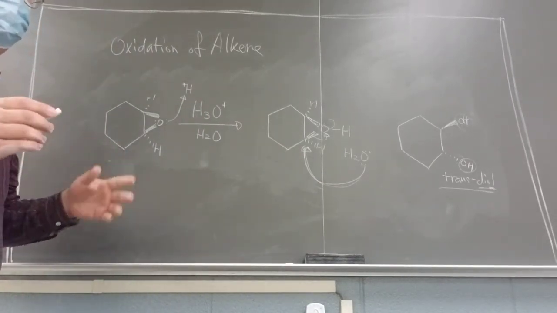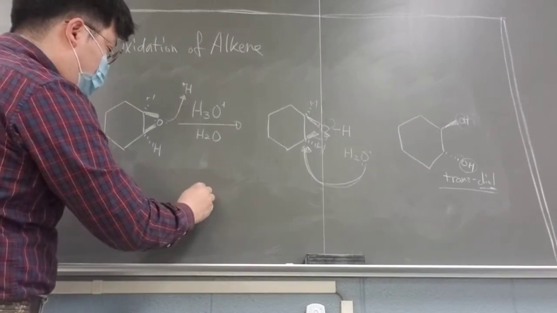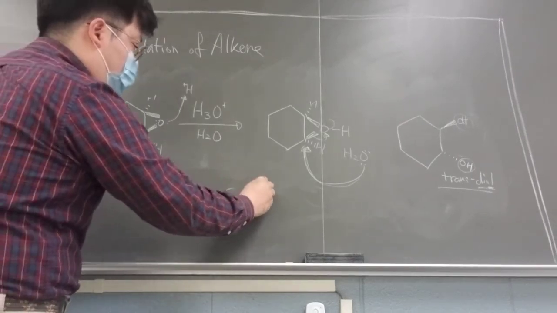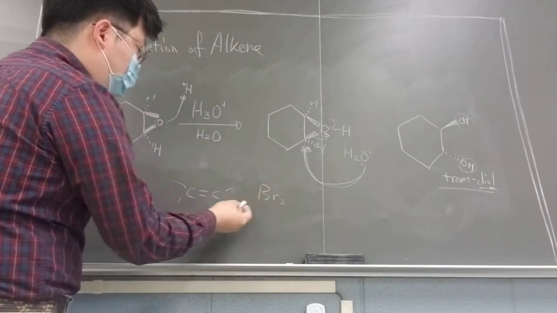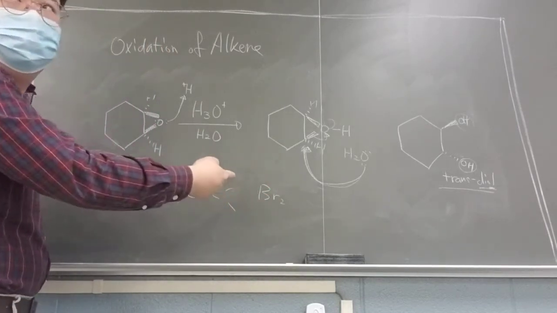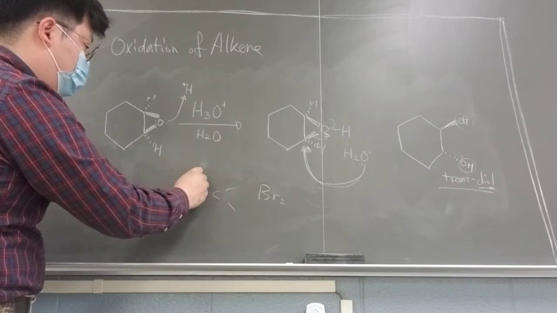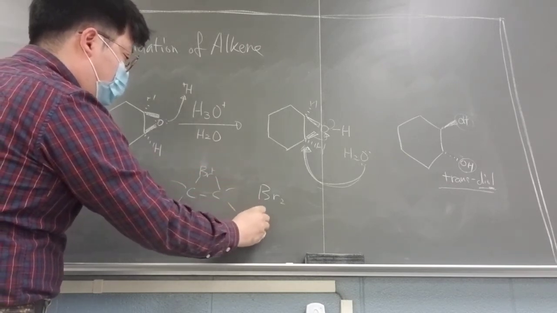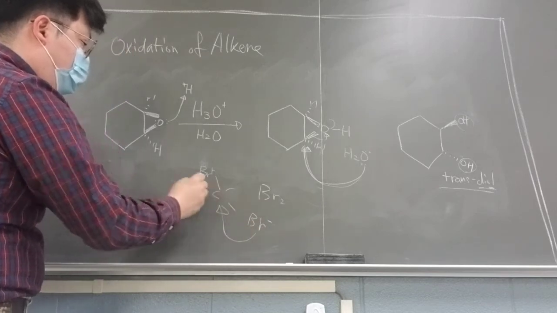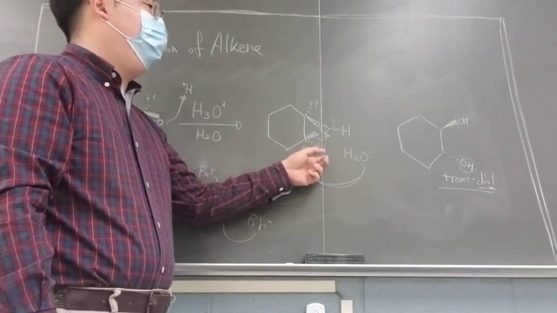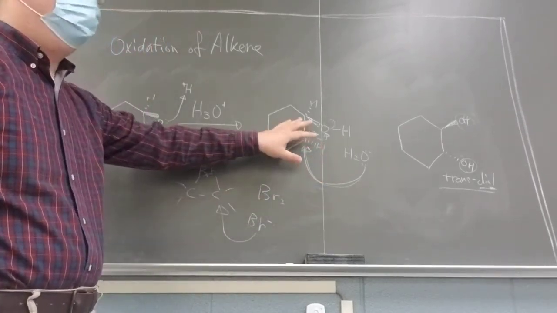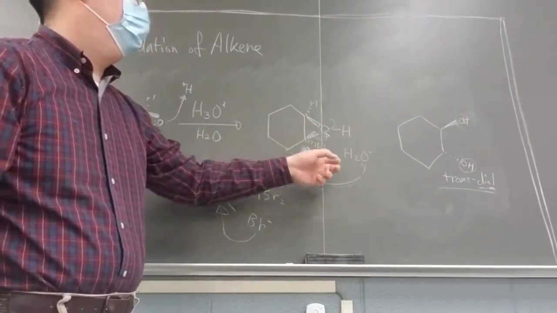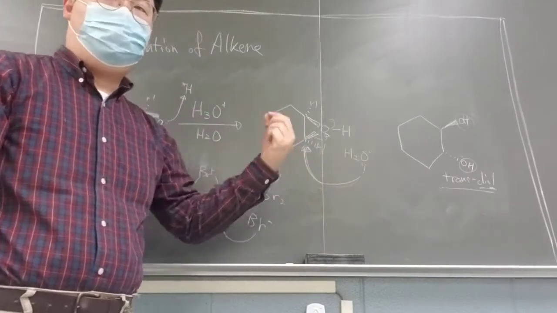I don't know if you remember this one. If you have a double bond in carbon, when you treat it with the halogens, they form the bromonium ion, right? Okay. So another bromine should come on the other side too. So it's pretty much the same. Because of the epoxide, the other water group has to come on the other side.